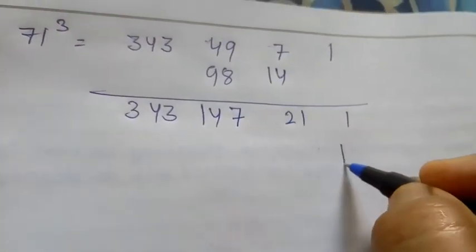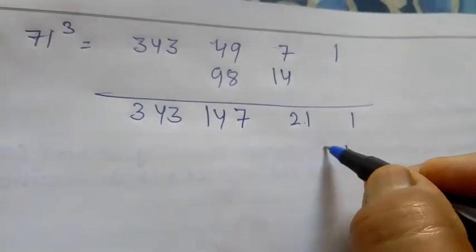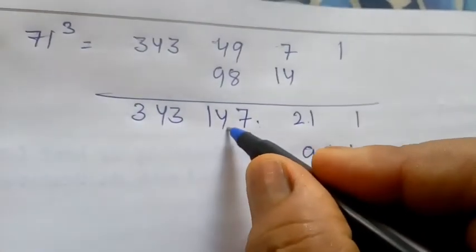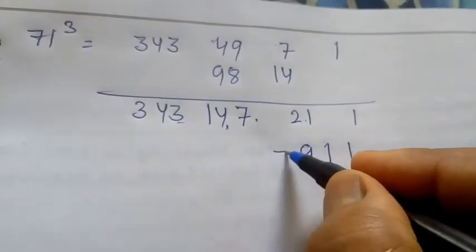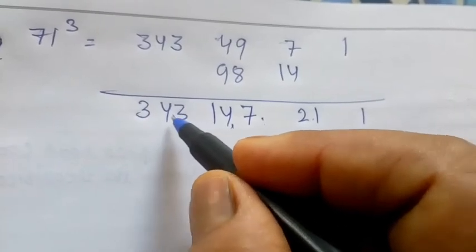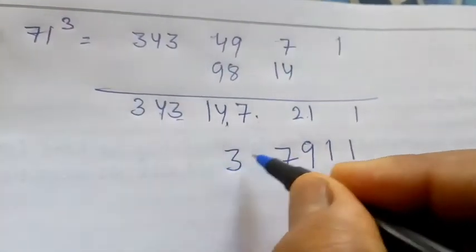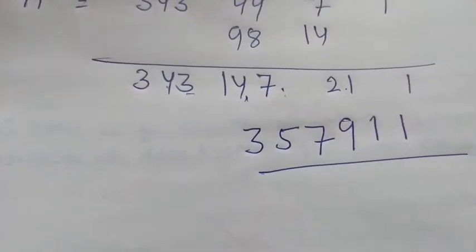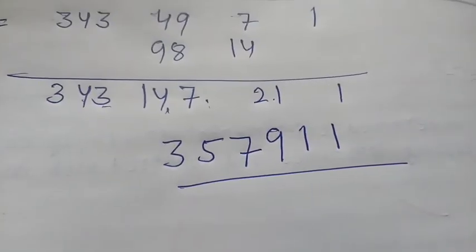Write the last digit first. 1, 2 carry forward, 7 plus 2, 9, 14 plus 3, 17, 1 carry, 17, 7, and 35. 357911 is the cube of 71. This is the right answer.